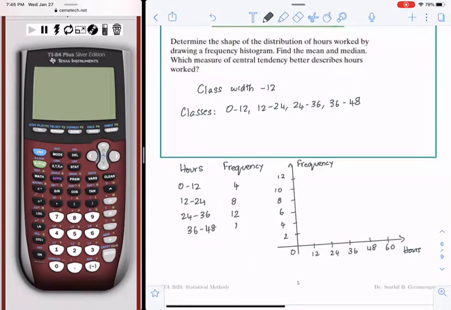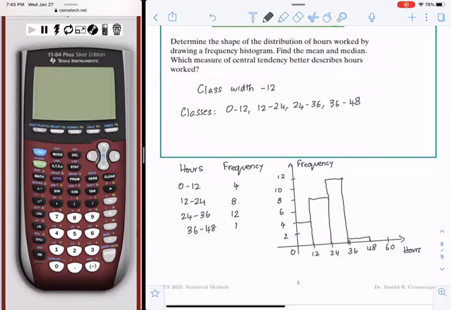Between 0 and 12, we have 4. 12 to 24, we have 8. 24 to 36, we have 12. 36 to 48, we have 1.